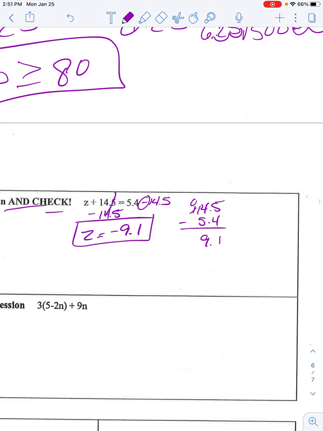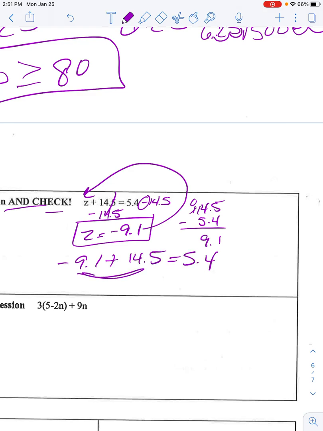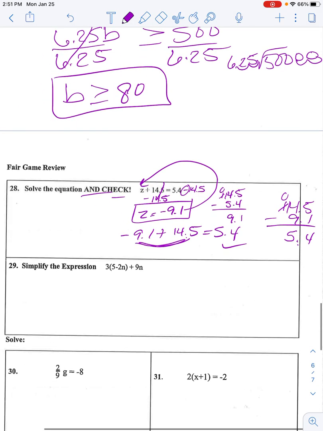Day of the test, negative 9.1 goes back in for here, and I need to see your actual work. So you're finding the difference again, and there's more positive, so it's a positive.